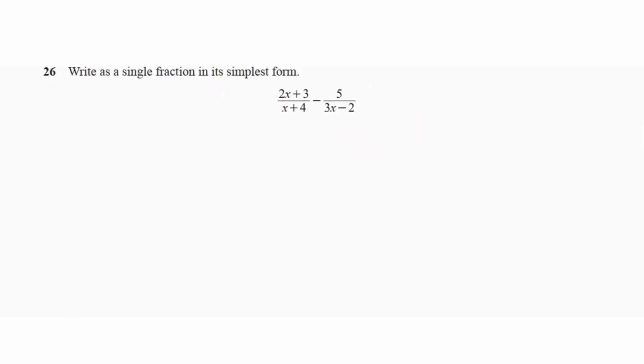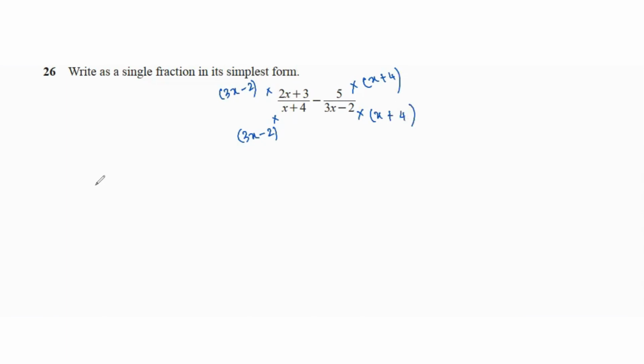This question says write as a single fraction in its simplest form. So whenever we are adding or subtracting unlike denominators, we make the denominators equal. So I'm going to do that by multiplying the first fraction by 3x minus 2, both the numerator and denominator, and the second fraction by x plus 4.